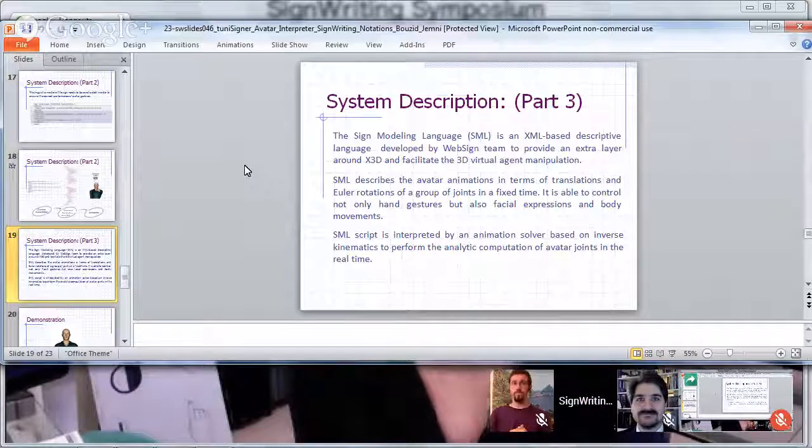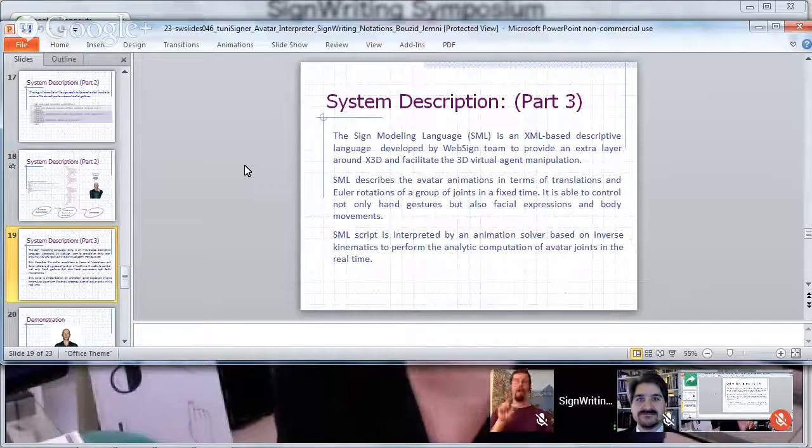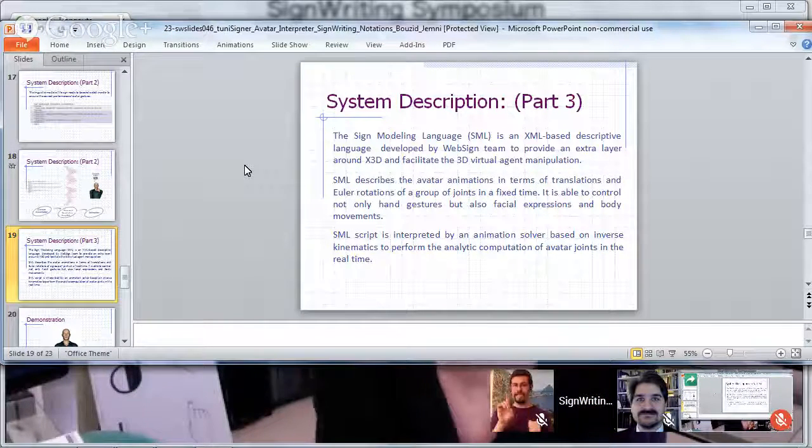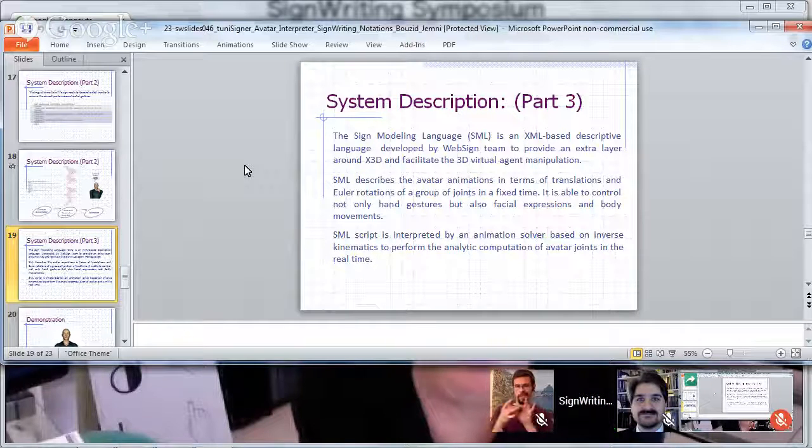Okay, part 3. The sign modeling language, SML, is an XML-based descriptive language developed by the WebSign team to provide an extra layer around X3D and facilitate the 3D virtual agent manipulation. SML describes the avatar animations in terms of translations and Euler rotations of a group of joints in a fixed time.